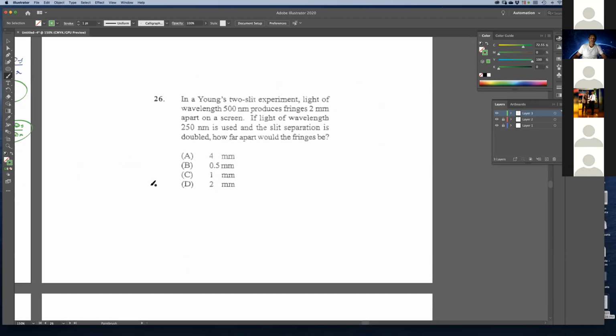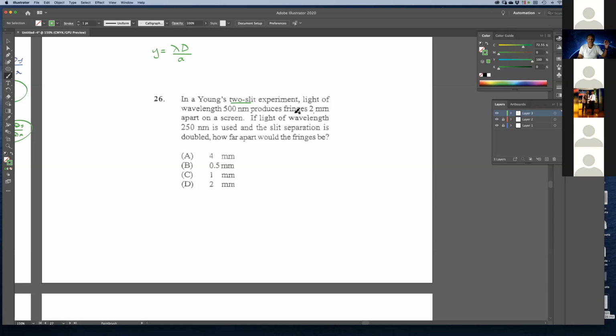In a Young's two-slit experiment, light of wavelength 500 nanometers produces fringes 2 millimeters apart. We know the equation for the double slit. We spoke about this last day. Today's Thursday, it was yesterday. That y is equal to lambda D over a. So the wavelength is your lambda.